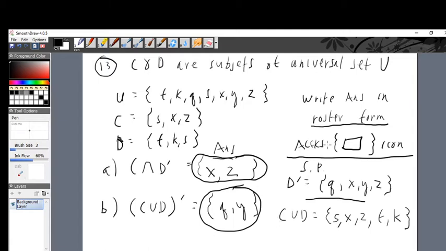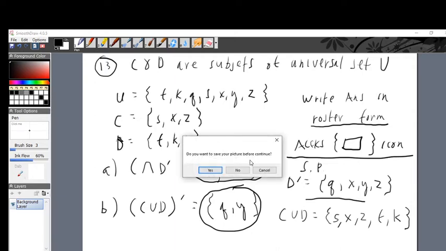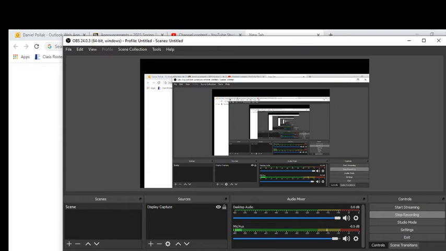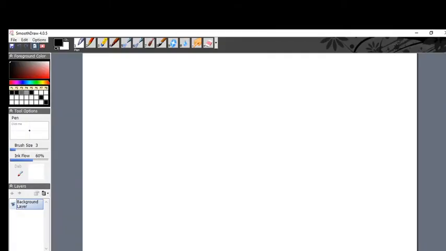Let's go to a brand new clean page for 14. Okay, here we go. Problem number 14. The equation is 2x minus 3y is equal to 18.